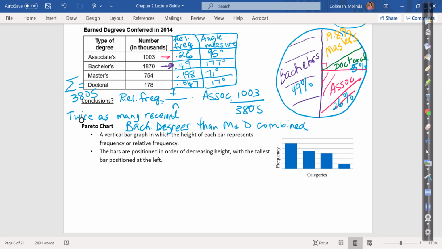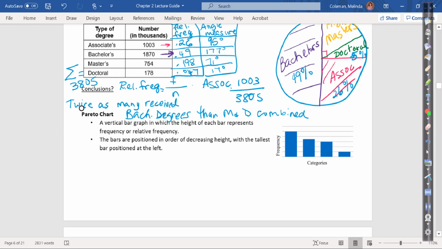All right, next one is a Pareto chart. It's vertical lines that represent the relative frequency or the frequency. They're positioned from decreasing. So that's the biggest thing here, is that it goes from the largest to the smallest. We're still talking frequency, and we're still having categories.